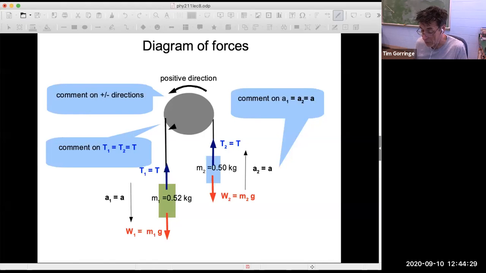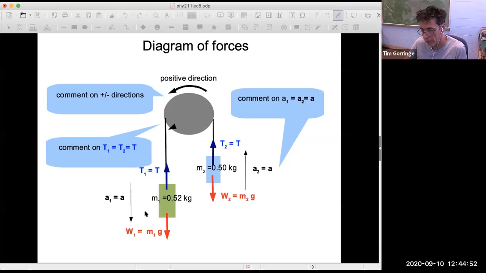Those blocks are connected by a string. If they didn't have the same size, then either the string would go limp or the string would break. So because they're connected by the string, those two accelerations are also the same. So I don't need to call them a1, the acceleration of the block on the left, and a2, the acceleration of the block on the right. I just need to call them the acceleration.